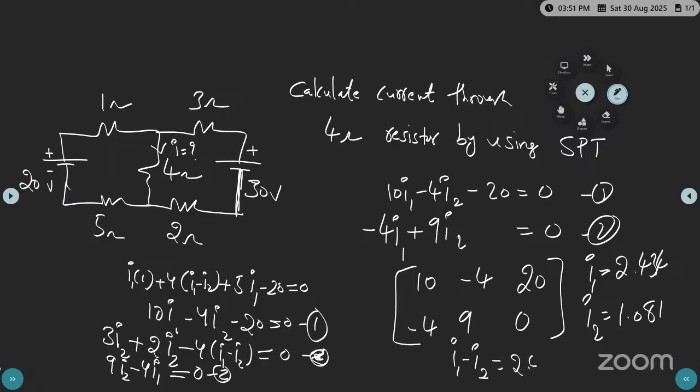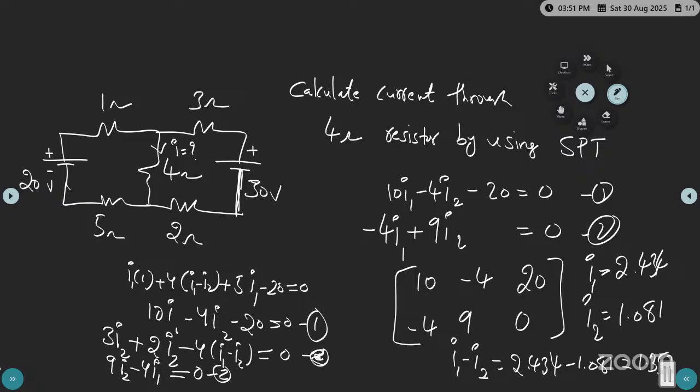So I1 minus I2 you do. That is 2.434 minus 1.081. How much is it? You tell me. 1 point something or 0 point something? 1.353.